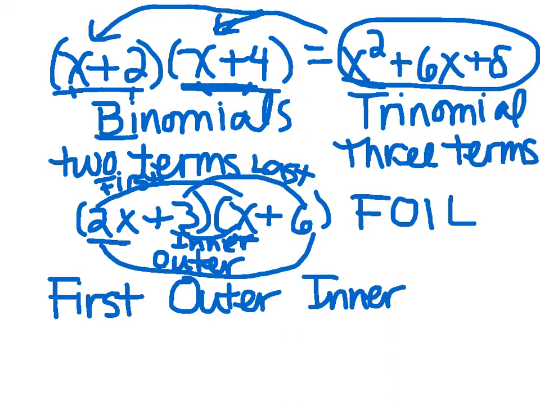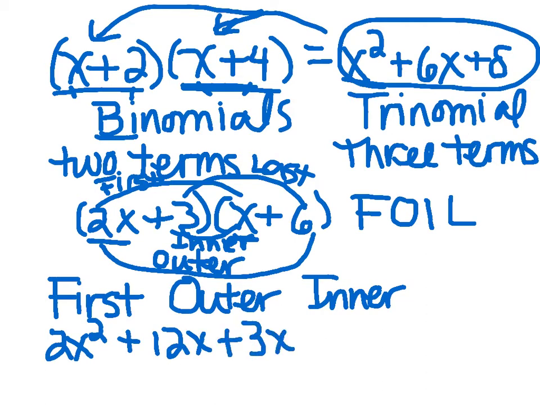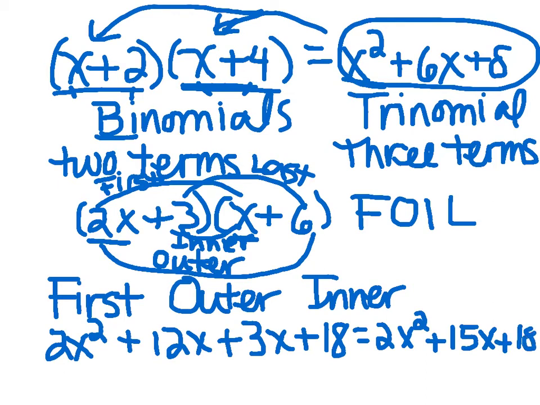First, in this problem, gives us 2x squared. Outer gives us 12x. Inner gives us 3x. And last gives us 18. When I combine my like terms, I get 2x squared plus 15x plus 18.